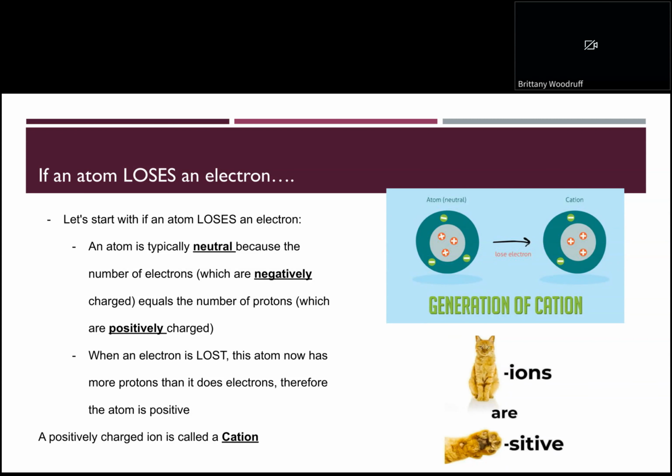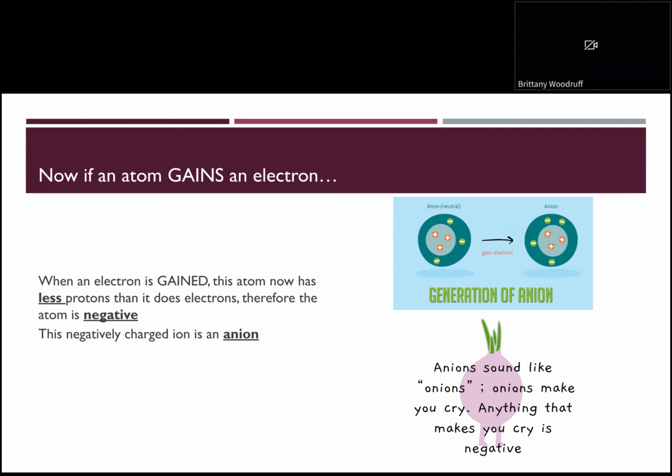Now, if an atom is going to gain an electron, does the atom have more or less protons? Less protons than it does electrons, so it is negative. A negatively charged ion is called an anion.